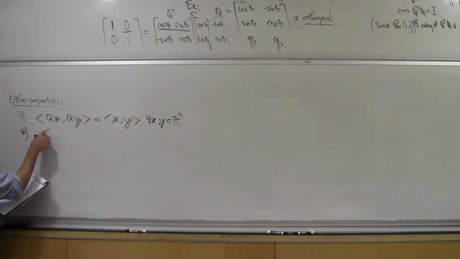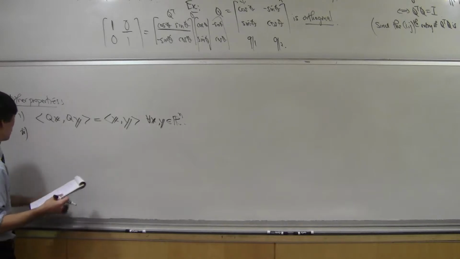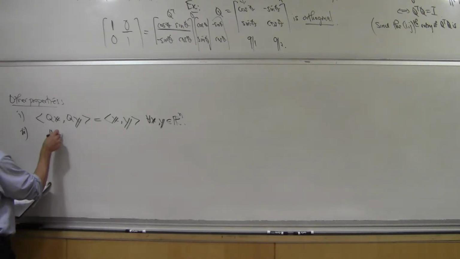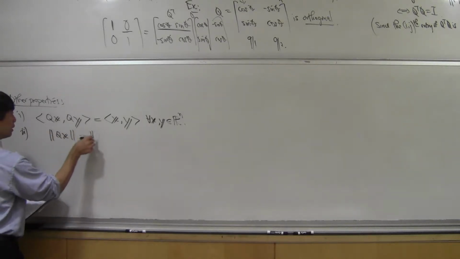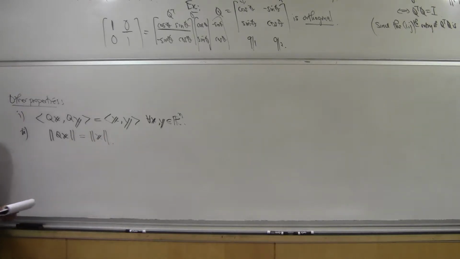Part two, if you take the magnitude of a vector and the magnitude of Q of that vector, then you get the same thing.